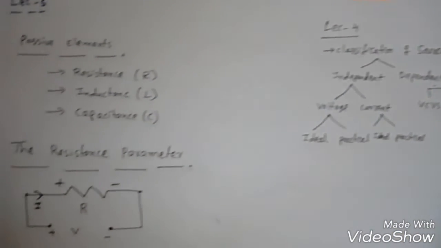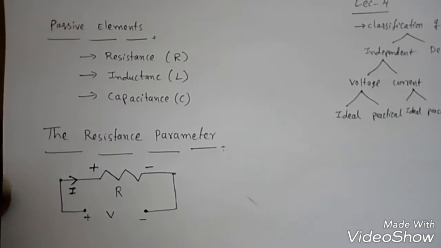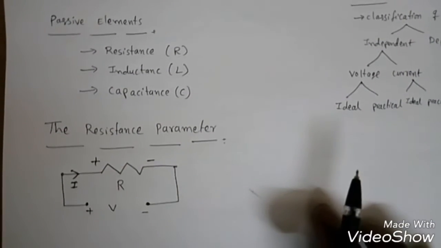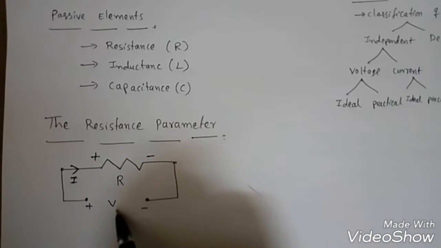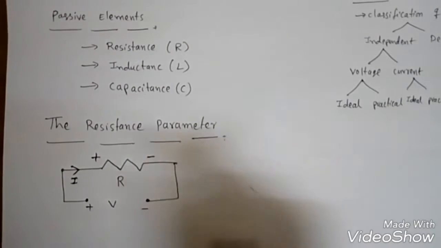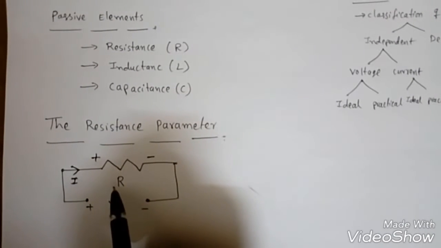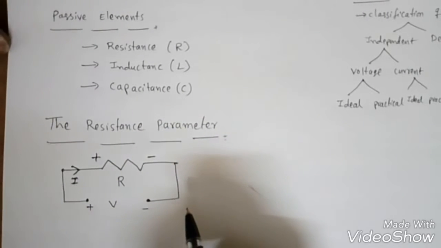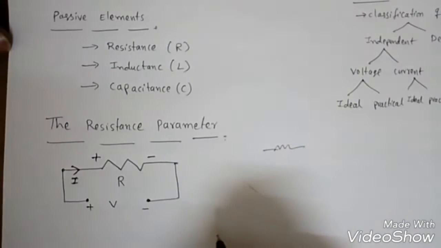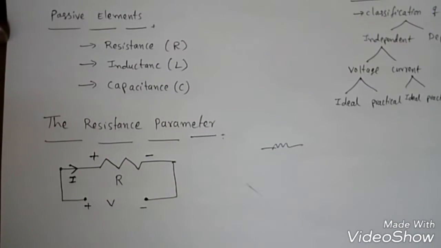In this lecture we are going to see the resistance parameter, and how we need to find either the voltage across the resistance or the current when the resistance is in a circuit. The first point you have to remember is how to draw a resistance. Many students will simply draw it like this, but there should be a proper notation.